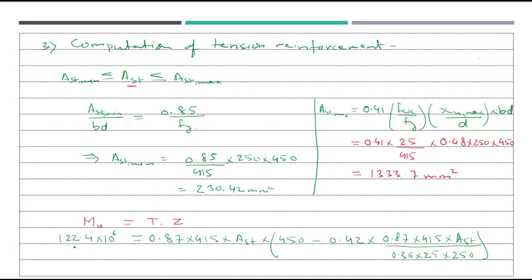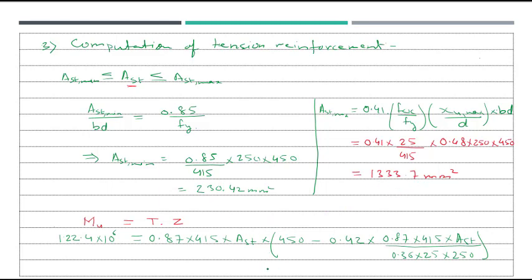Here you can see you are getting an expression for computing AST, and this is a quadratic equation. You have to solve this quadratic equation. Once you solve it, you are going to get two values of AST, and you are going to ignore the AST which has a value more than AST max.